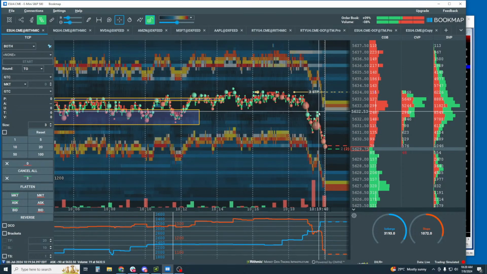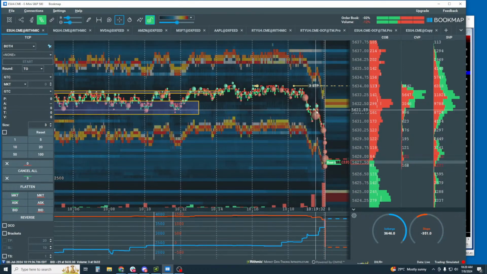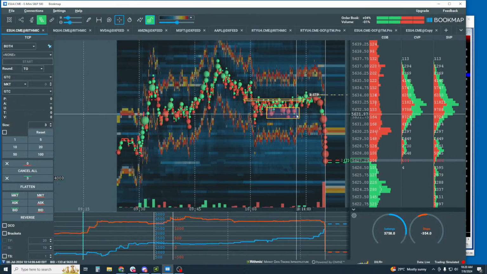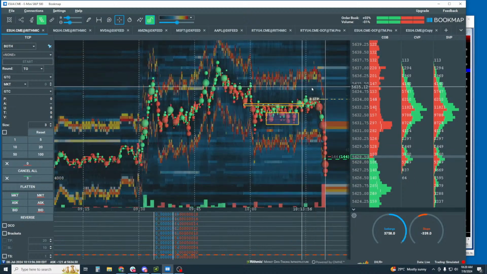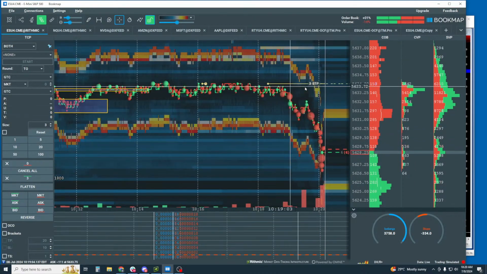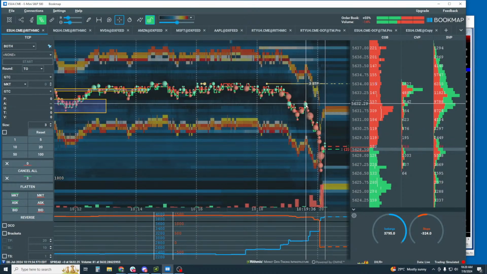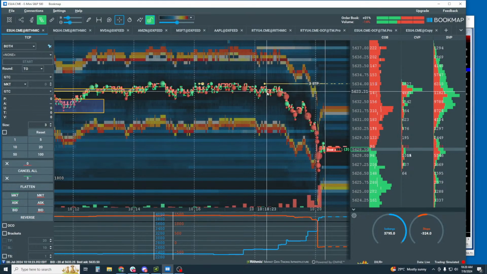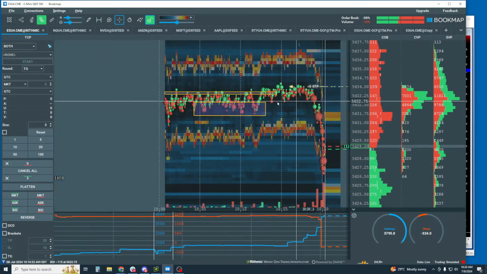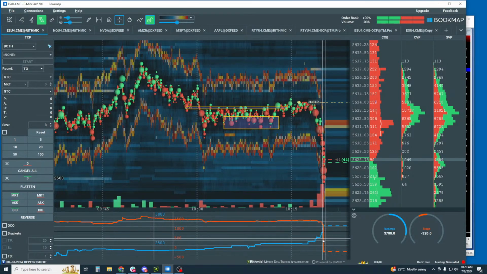And we've already kind of come back and retested, didn't find buyers. So sellers are going to take this. Yeah, there they go. They're going to take it. Yeah, this would have been the pullback here to your kind of point of control-ish area. That should be a huge stop run. It is.